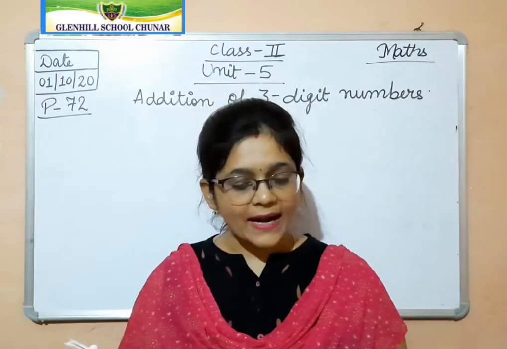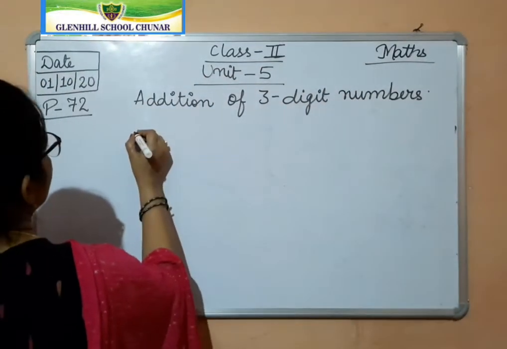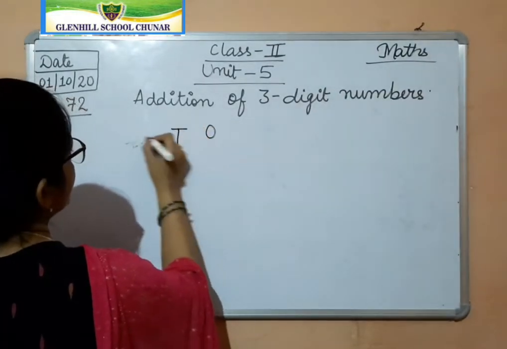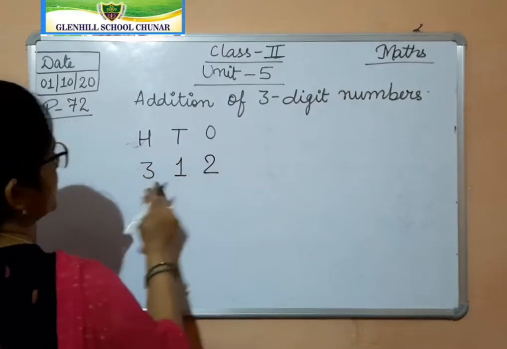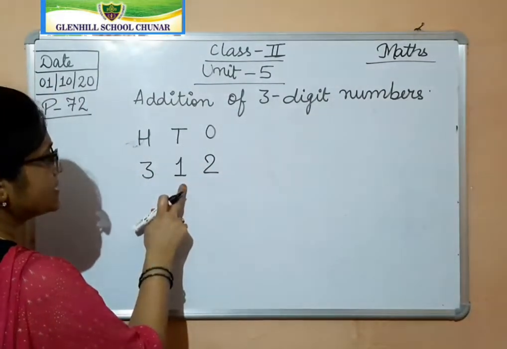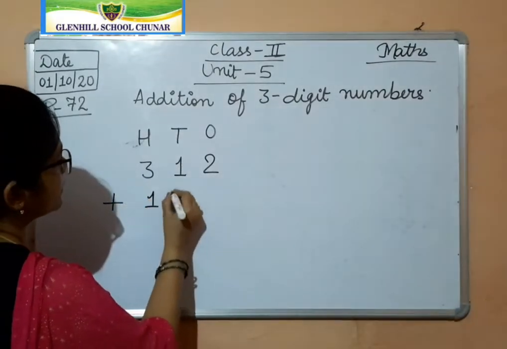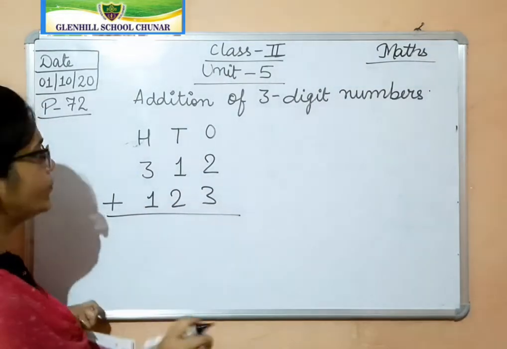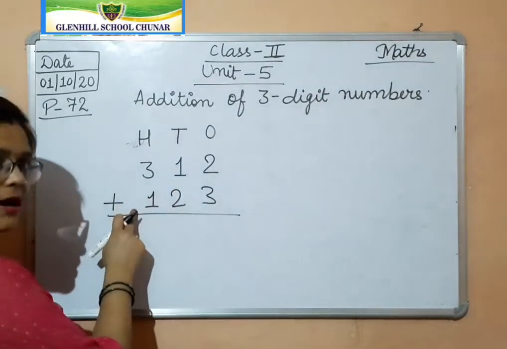In a 3-digit number there are ones, tens and hundreds. This is 312. So first what you are going to do, you have to add ones to ones, tens to tens and hundreds to hundreds.